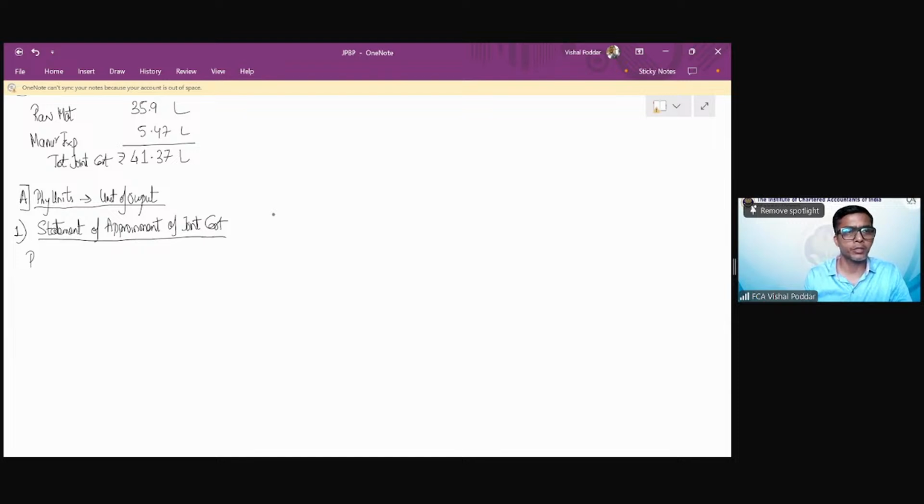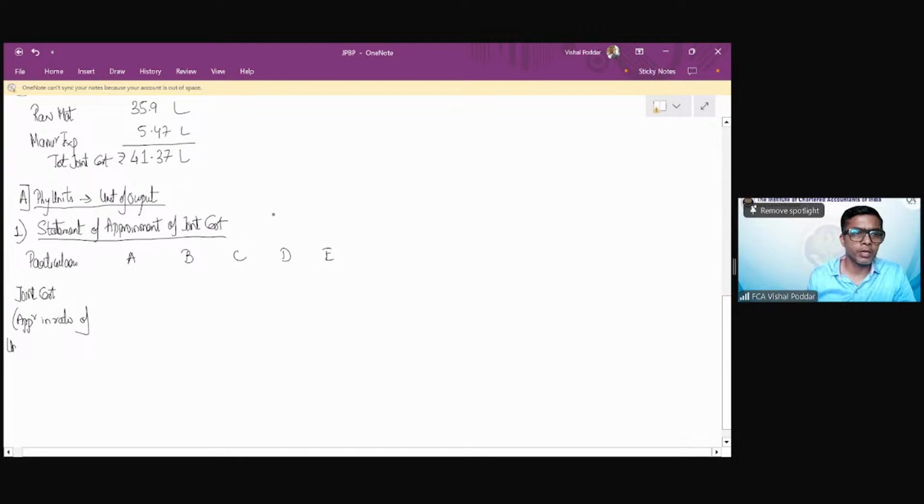So particulars, and then the name of your products. In the particulars I will simply write joint cost. In bracket, I will write apportion in ratio of. Now this will change in every sum. Here it is units. I will write down the ratio of units, and then simply on my calculator, I will divide this joint cost in the ratio of units.